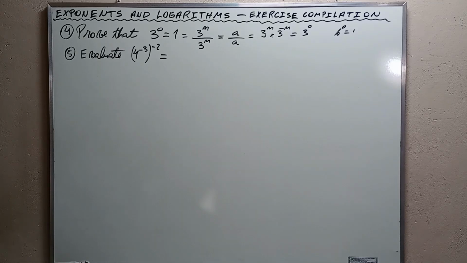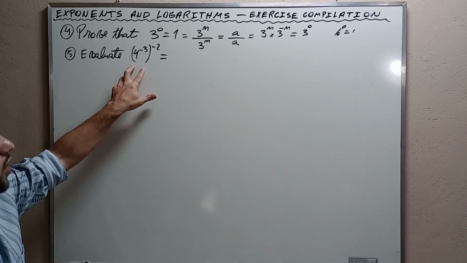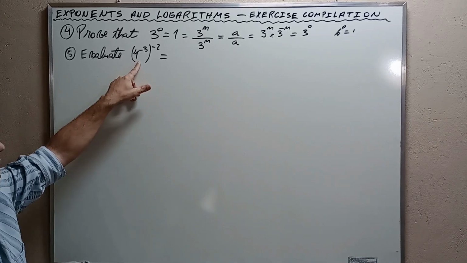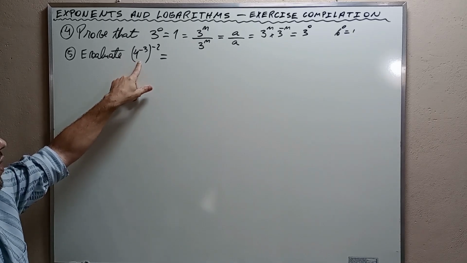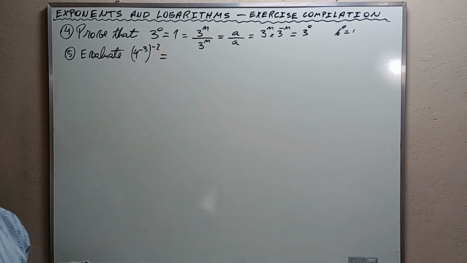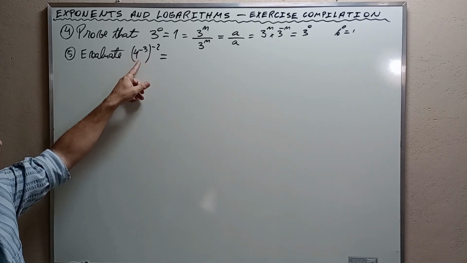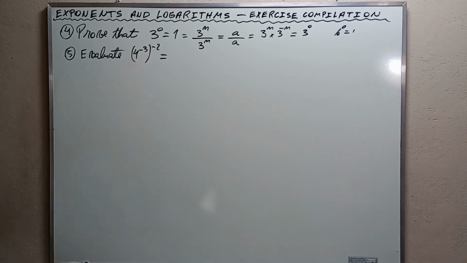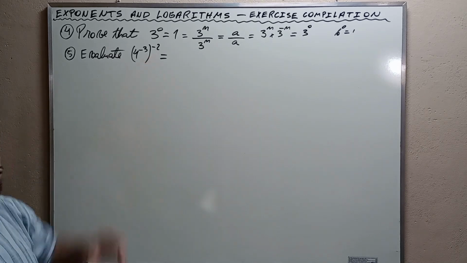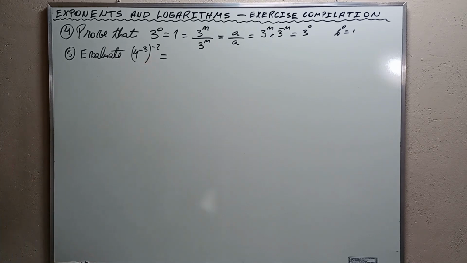How do we solve this? You have to understand that these parentheses here mean that the entire number here is being raised to the power of negative 2. Okay? It is not only 3, it is 4 raised to the power of negative 3 that's being raised to the power of negative 2. Okay, so 4 to the minus 3 is being raised to negative 2.